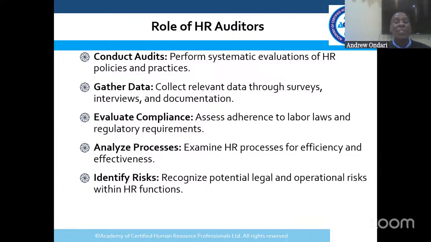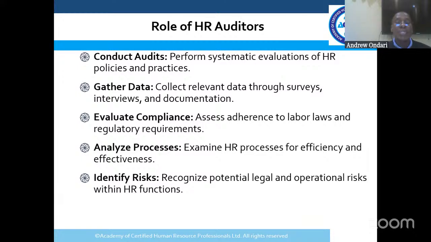By the end of this process, we shall have a clear understanding of one, what to audit, two, the process of auditing, and three, how to write an audit report. So your role as HR auditors is to conduct the audits.